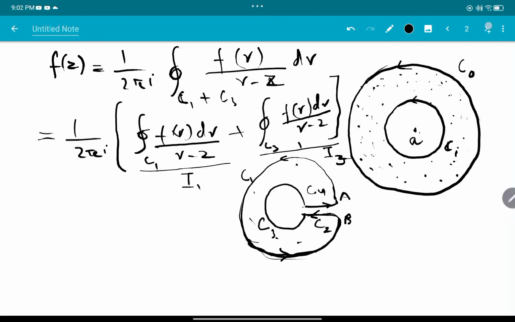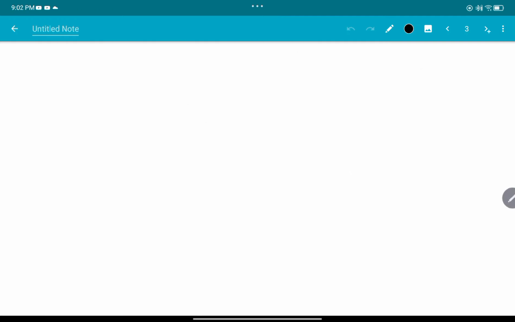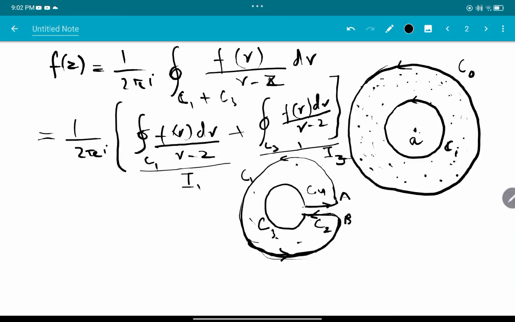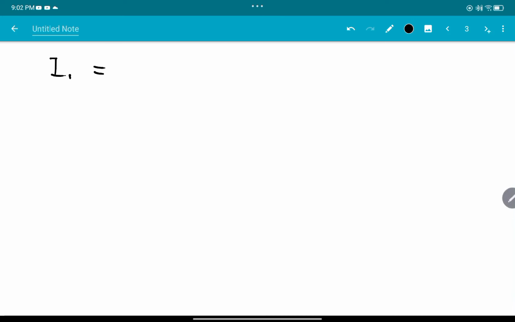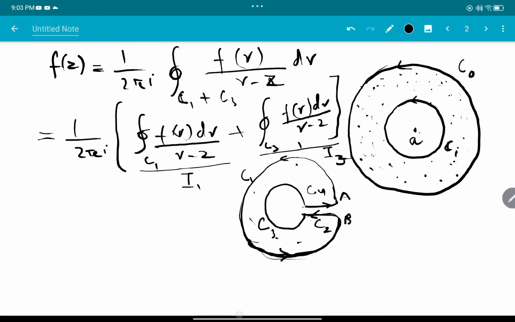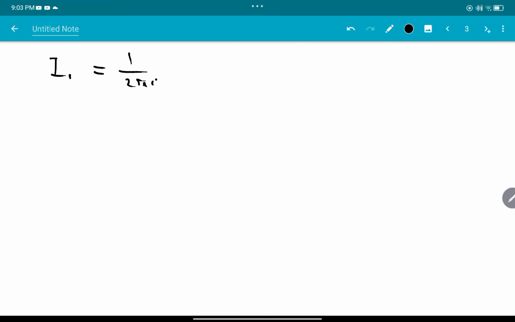I1 will be equal to 1 by 2 pi i times the integral along path C1 of f(gamma) d gamma divided by gamma minus z.